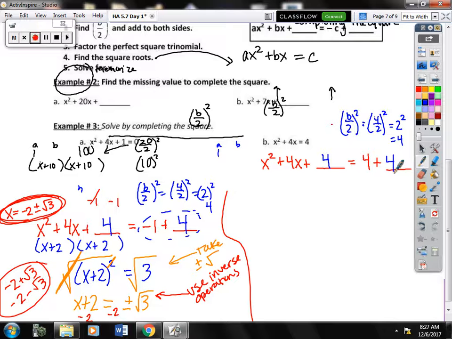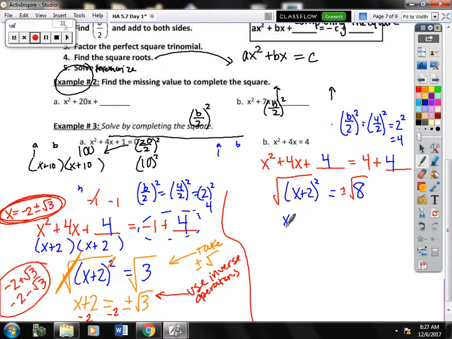So the left-hand side will factor down into x plus 2 quantity squared. On the right-hand side, I'll get 8. Then we square root. And if you want, you could put your plus or minus in right then, so you don't forget. But you have to have it on the next line.